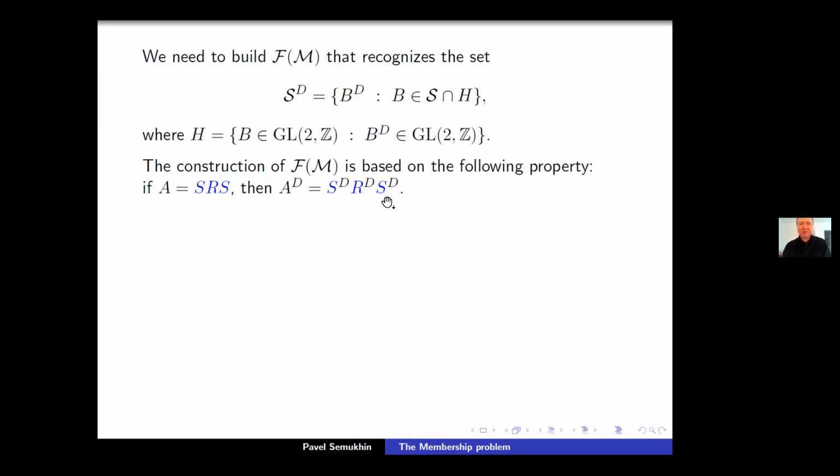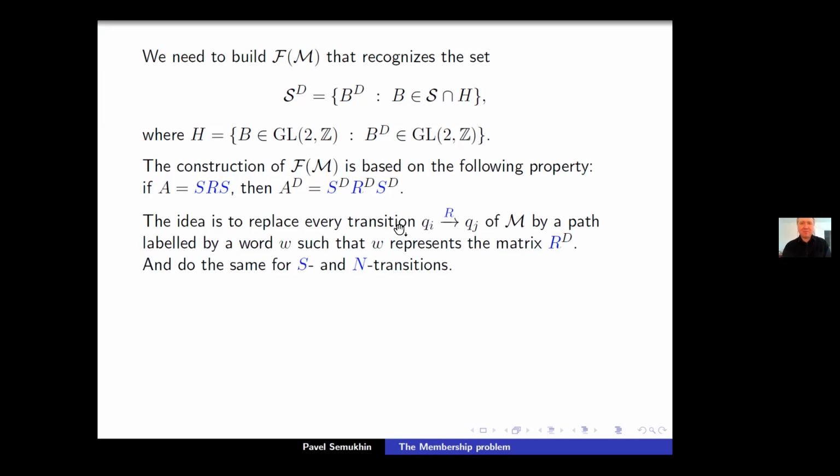And so if we replace every transition in the automaton M, for example, a transition with label R, with a transition whose label is R conjugated with D, and we do the same with all other labels, then it will give us the automaton f of M. So it looks like to construct this automaton f of M, we just need to compute conjugates of all labels of all transitions in the automaton M.